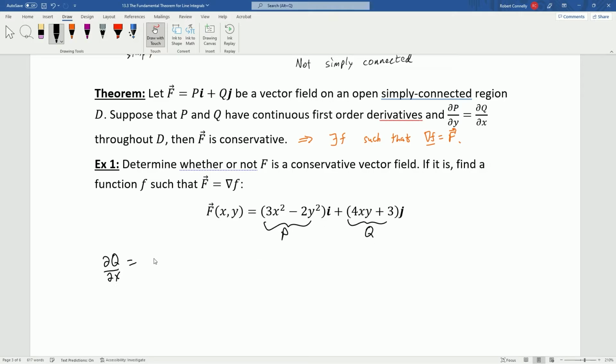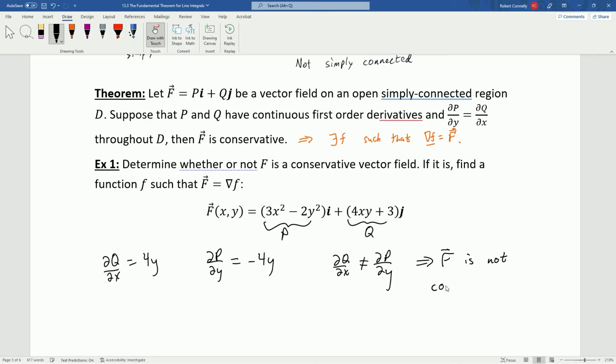Well, that's going to be 4y. And what's dP/dy? That's going to be negative 4y. So dQ/dx is not equal to dP/dy, which implies F is not conservative.